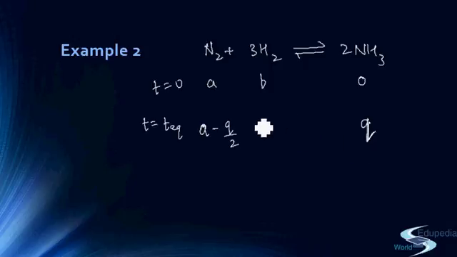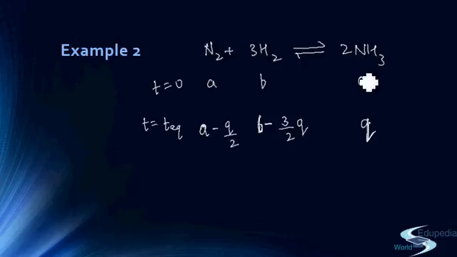Similarly, if you look at hydrogen, B moles of hydrogen were present. Out of these B moles, how much hydrogen is consumed? It will simply be 3 by 2 Q. Once again, the consumption and formations are in the ratio of their stoichiometric coefficients. So 2 moles of ammonia consume 3 moles of hydrogen.